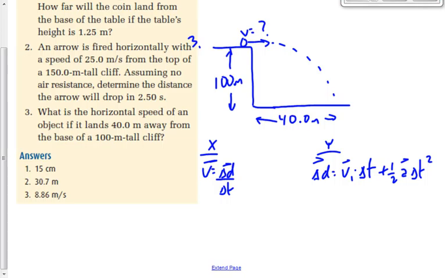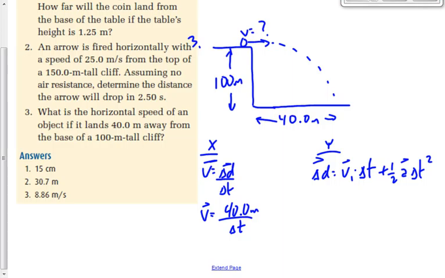Do we know what V is for the x component? We don't. Do we know what D is for the x component? 40 or 100? Good, 40. We don't know what T is, so that didn't seem to be overly helpful, at least not yet. But that's okay, I didn't do anything wrong. Just didn't accomplish anything yet.